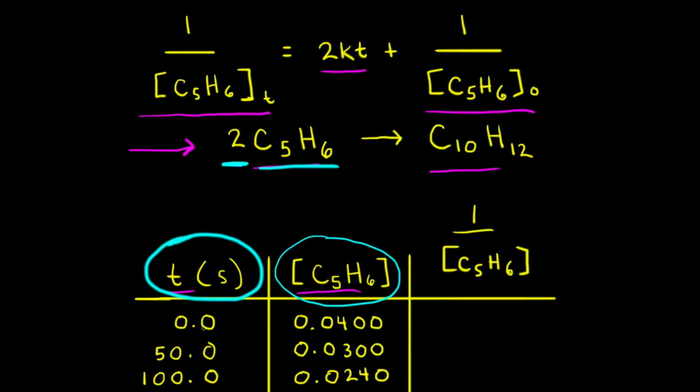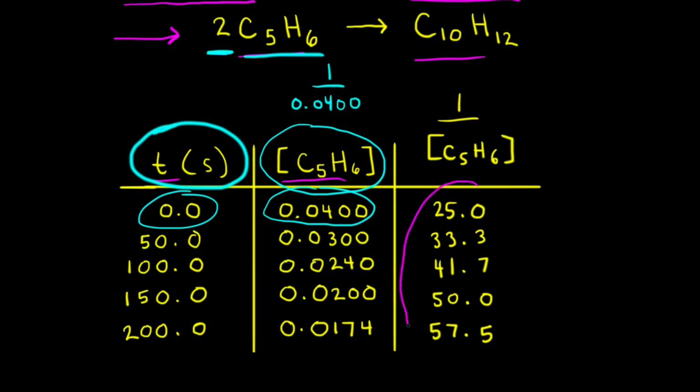If the concentration of cyclopentadiene when time is equal to 0 seconds is 0.0400 molar, if we take 1 divided by 0.0400, we would get 25.0. To save some time, I've gone ahead and filled in the rest of this column. Notice as time increases, so as we go from 0 seconds to 50 to 100 to 150 to 200, the concentration of cyclopentadiene decreases because cyclopentadiene is turning into dicyclopentadiene.